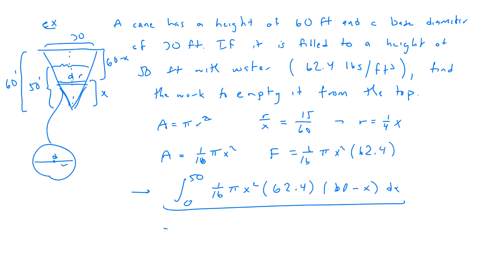In this case, unlike the last one, it's really easy to flip them. So if I did the same thing, here are my two distances that I care about from above. Then pretty much I just flip everything. Wherever I see an x, I'm going to put a 60 minus x, and 60 minus x becomes x.